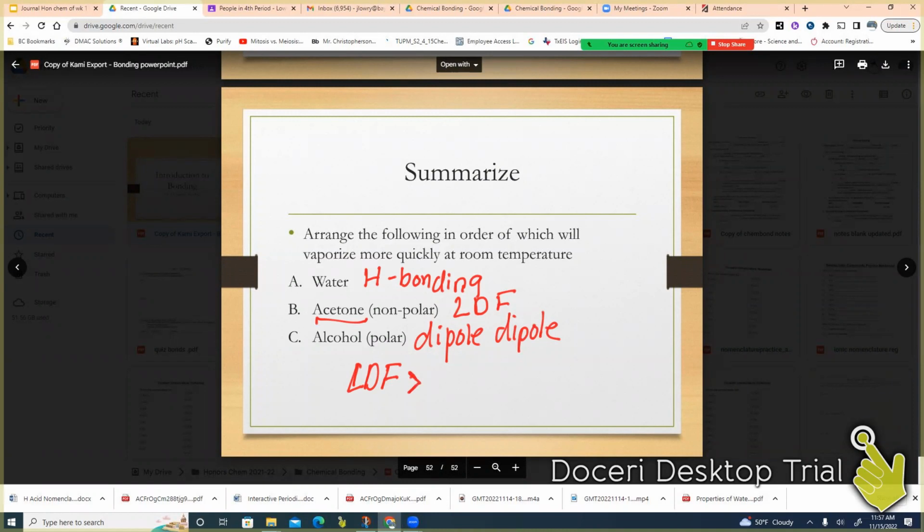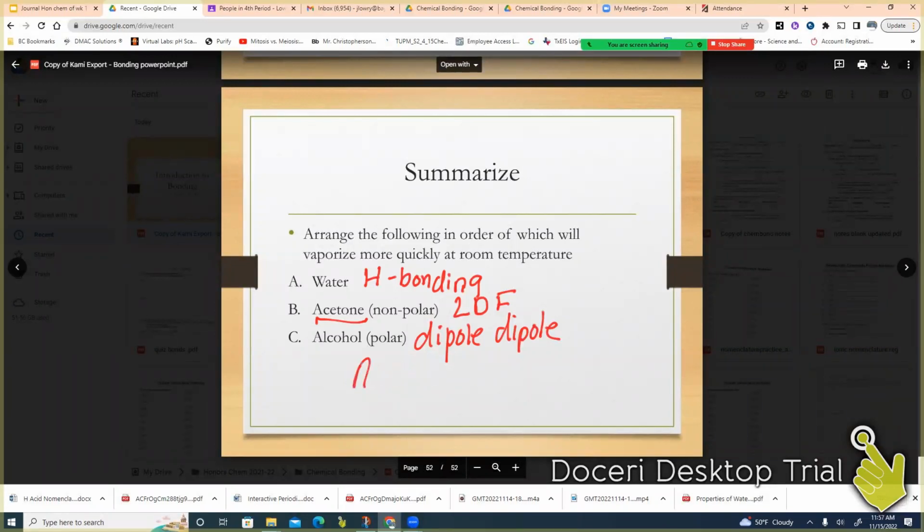And then next one, which would come? I should have written down the compound. So my dipole would be acetone greater than alcohol. And then finally, I have my signs backwards, don't I? Let's try that for the third time.